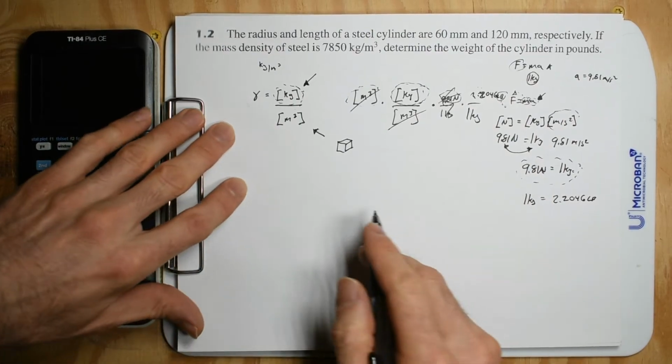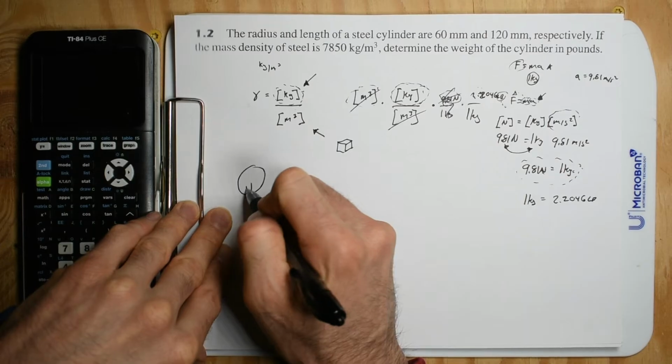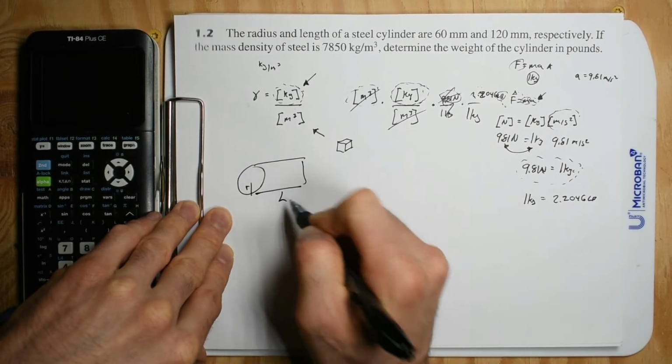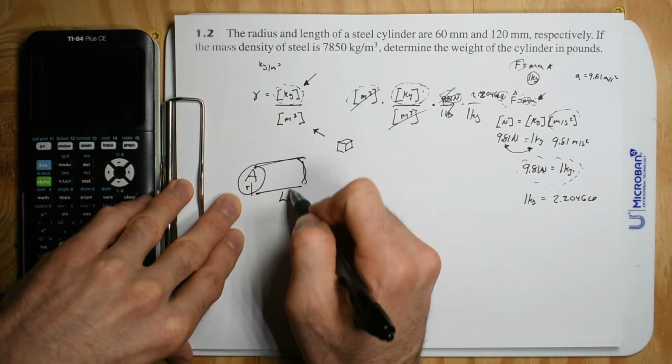All right, so let's go through that process. We need to figure out the volume of a cylinder with a radius and a length, and we know the volume is just this area multiplied by the length.